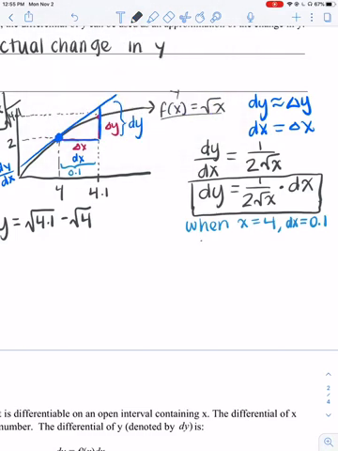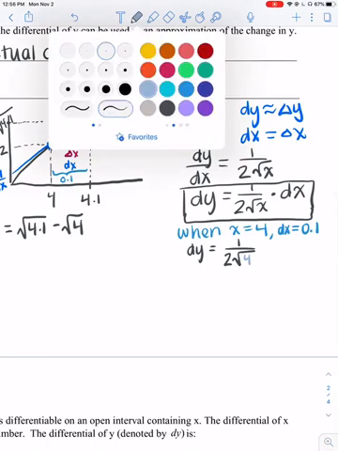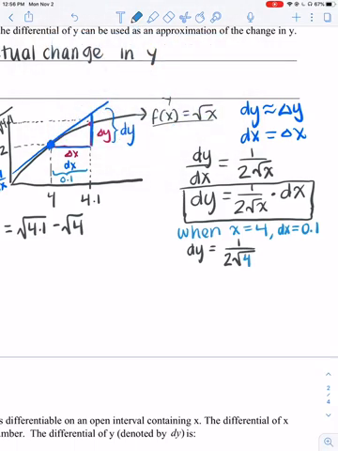And so we're just going to substitute those values in. So we're going to have dy equals 1/2 times the square root of 4, times dx, which is 0.1.